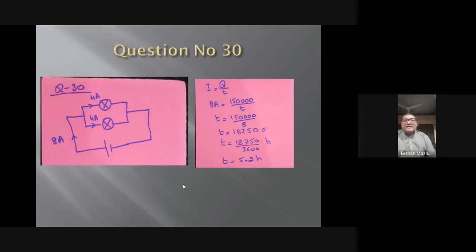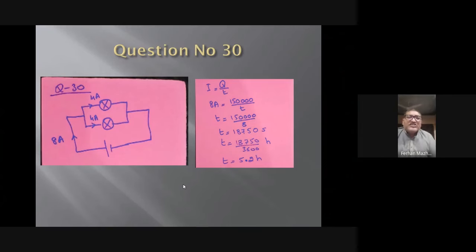But the answers which are given in the options are in hours. So how will I convert seconds into hours? I will divide it by 3600. Why? Because in 1 hour, there are 3600 seconds. So divide 18750 seconds by 3600 and it will be converted into hours.